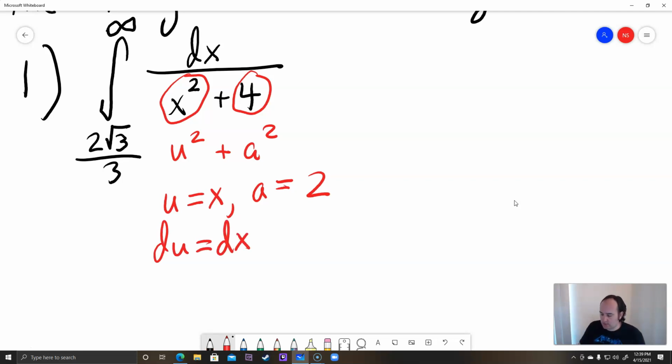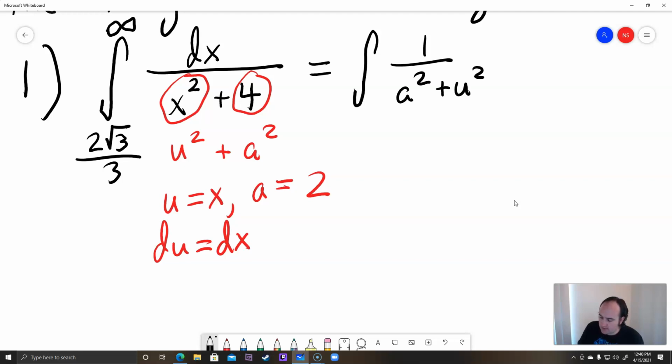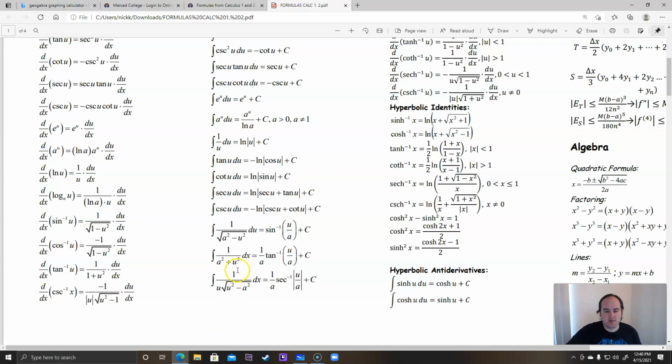So really what we're integrating here is, if we write it the same way they did, 1 over a squared plus u squared, and because du equals dx, this whole thing is du. So the integral of 1 over a squared plus u squared du, going back to our formula, is 1 over a tan inverse of u over a plus c.